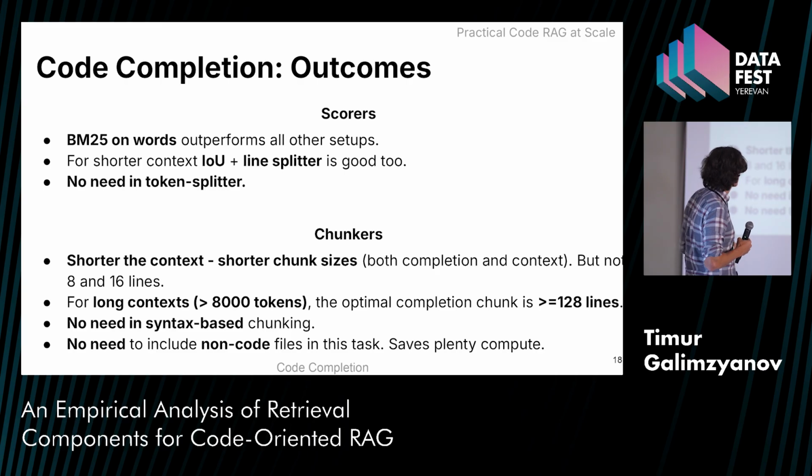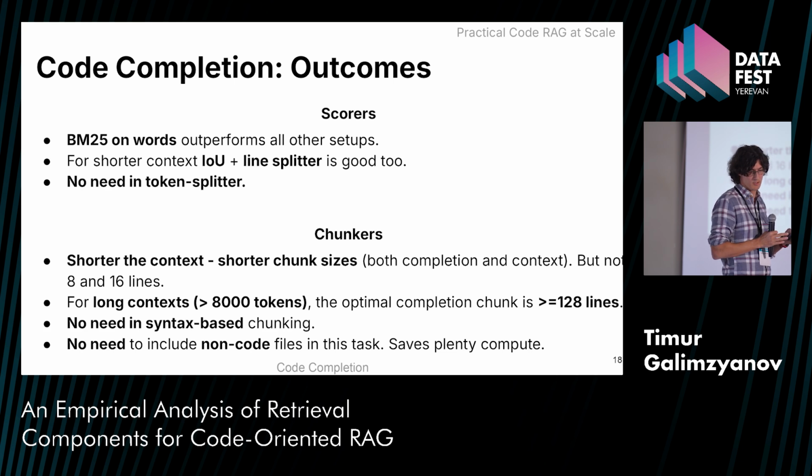And there is no need for a token splitter, which will save your compute. As for the chunker, adjust the chunk sizes to the context. For a smaller context, you probably need smaller chunks. For a longer context, you will need larger chunks.